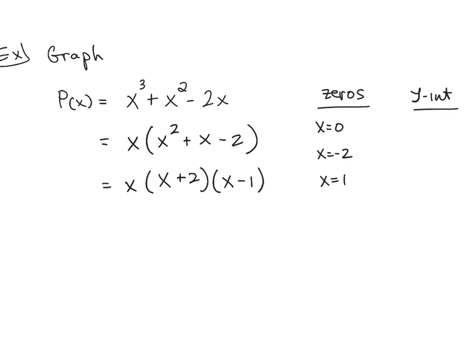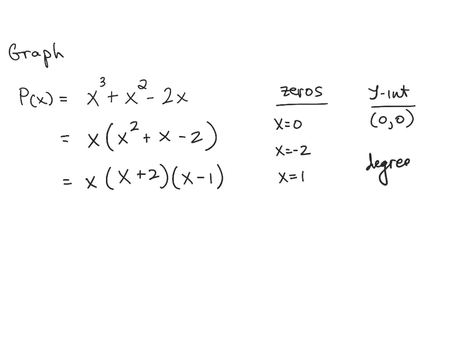Now the y-intercept, if you plug in a 0 for all of those x's, it doesn't matter what form you use. You can use the general form or the factored form. If you plug in x equals 0, you're going to get y equals 0. So the y-intercept is the point (0, 0).